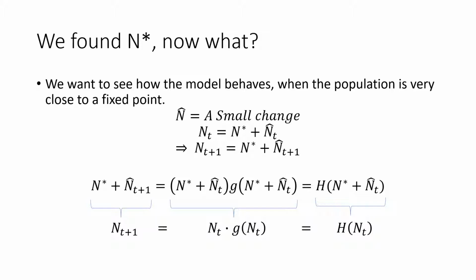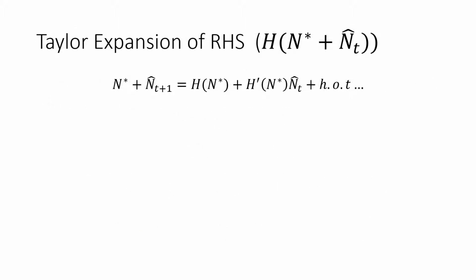Now, if we use this expression and take a Taylor expansion about the right hand side only, around some point n hat t that is very small, we get n star plus n hat t+1 is equal to h(n star) plus h prime(n star) n hat t plus some higher order terms.